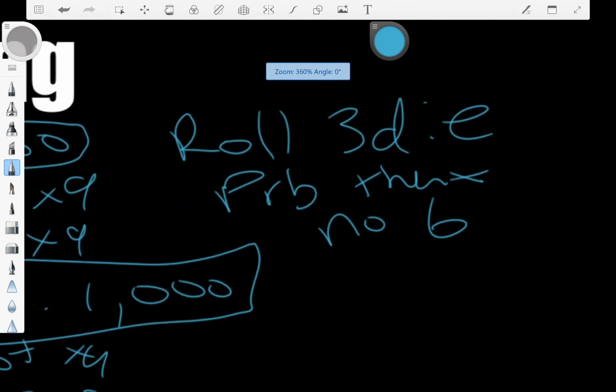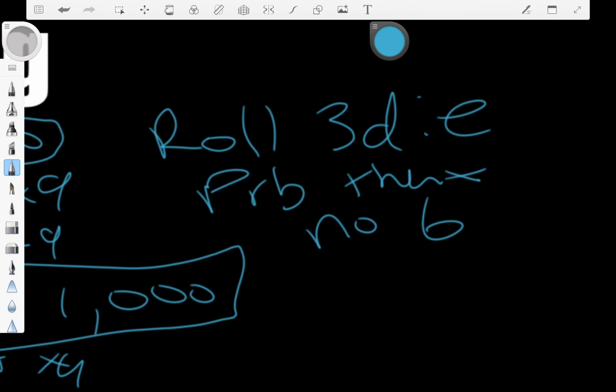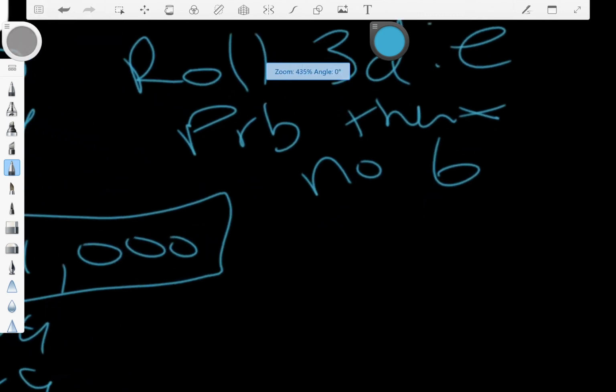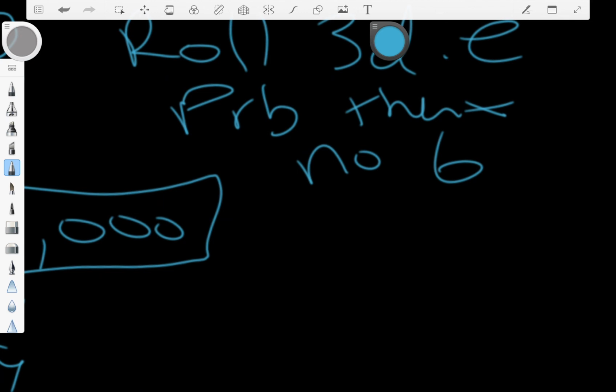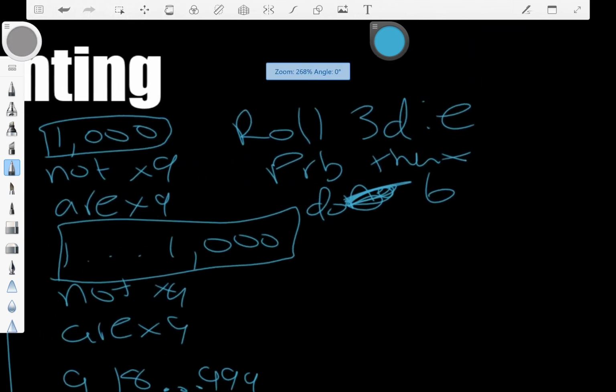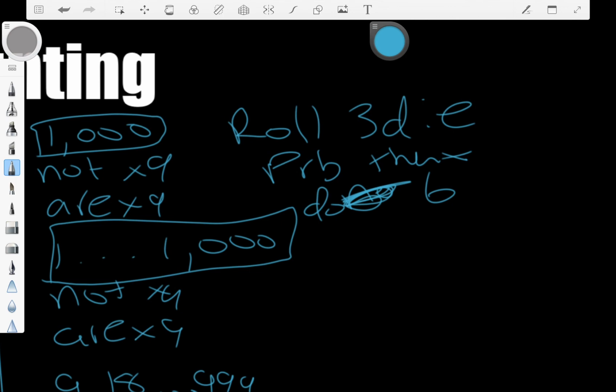Like, out of any of those dice, what's the probability that we don't get a 6? Once again, let's think about this, right? What's the probability that we do get a 6? Let's think of this in the way of, what's the probability that we don't get a 6?